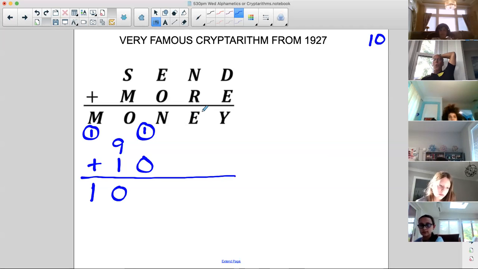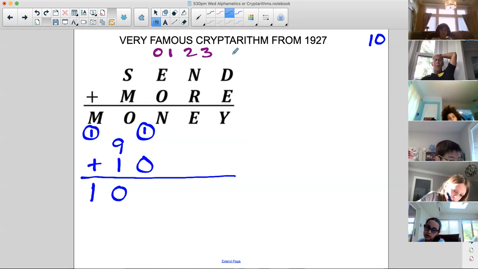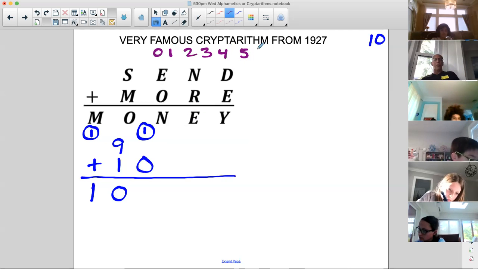Ah, so how can that help you solve this problem? Adalia, what's your thought? It means there has to be a carry over N. And I agree, but can you tell me why?